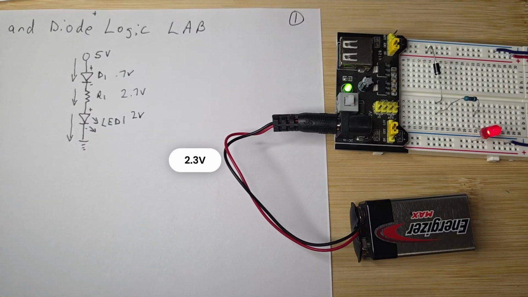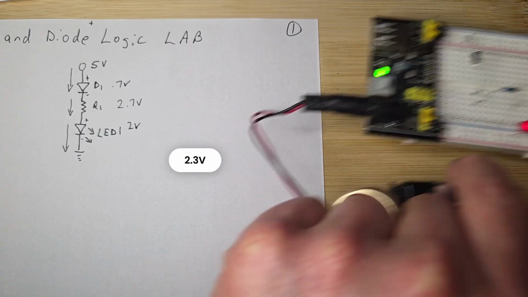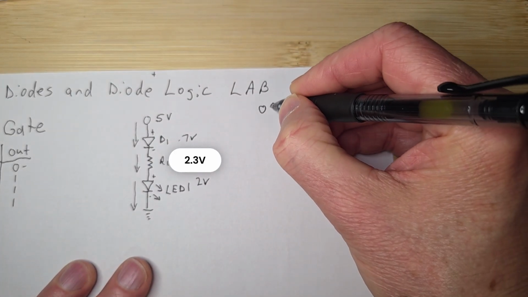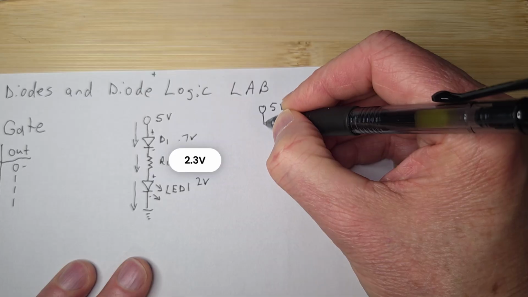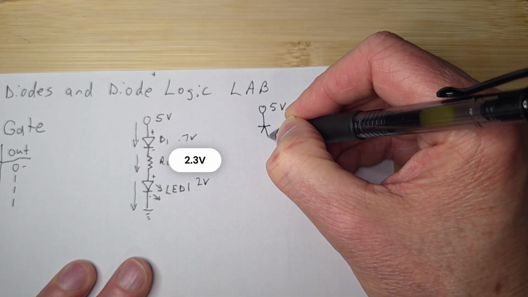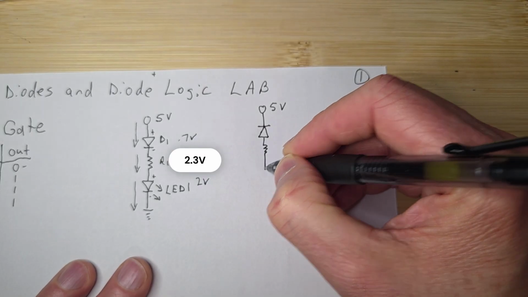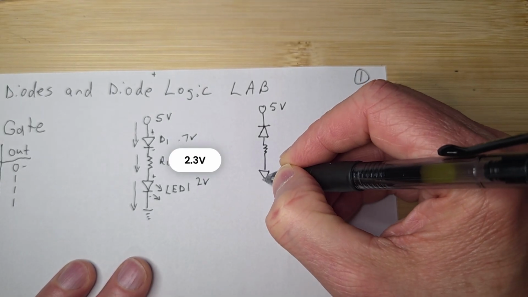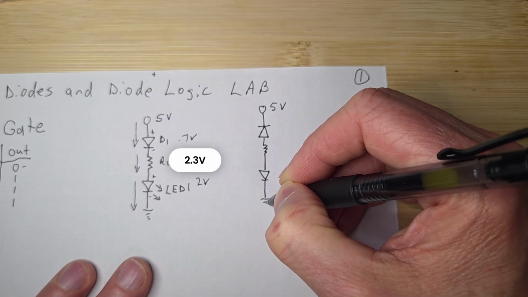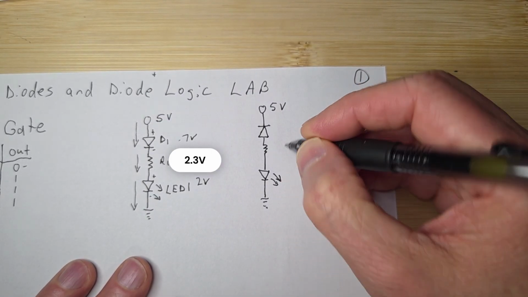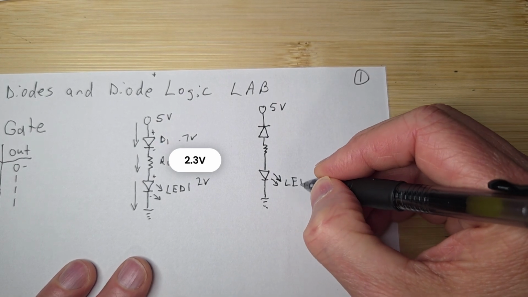Now I'm going to move the circuit out of the way and redraw it. If I take that diode and put it in reverse bias mode, and this is the power of the diode, there's my LED, LED1.